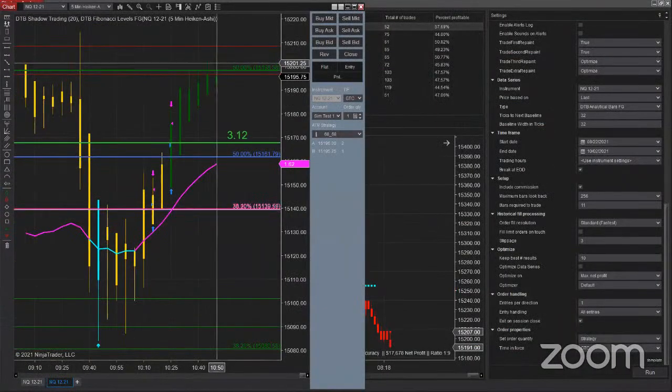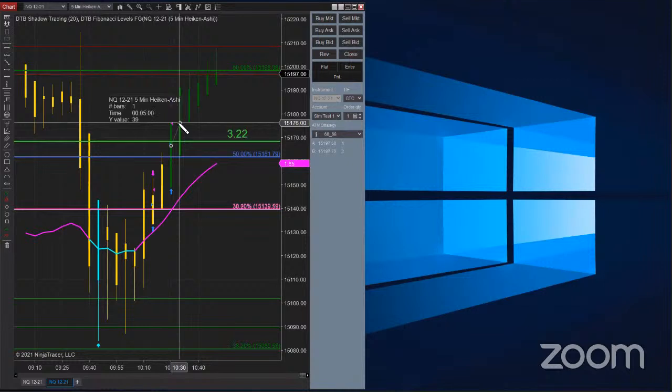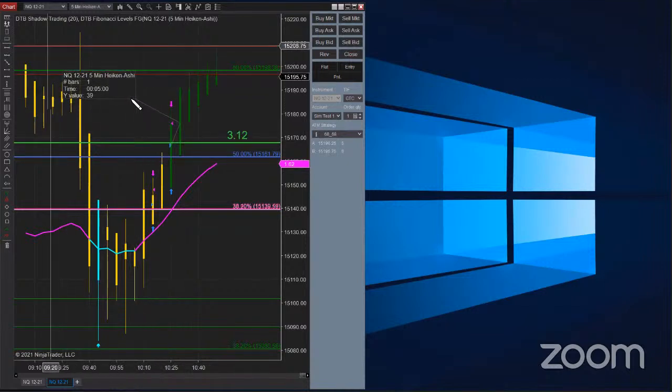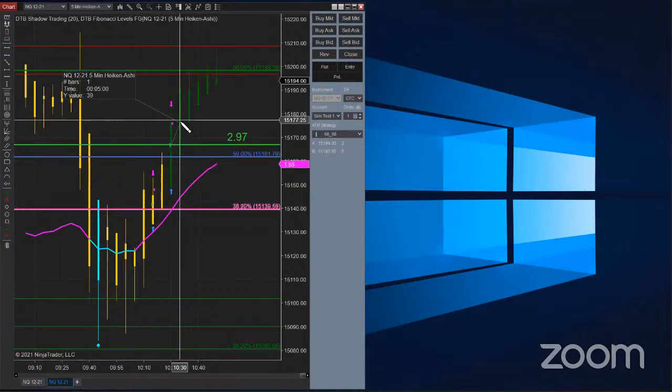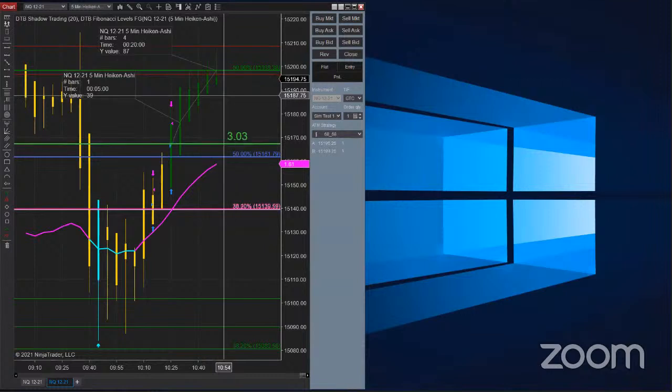And now it's bouncing off that 50%. We took a position earlier, but we just took a little scalping position from here to here, of 39 ticks. But this actually continued running all the way to the next Fibonacci level, at least, which was another 87 ticks.